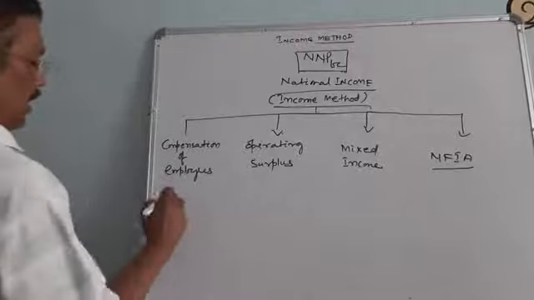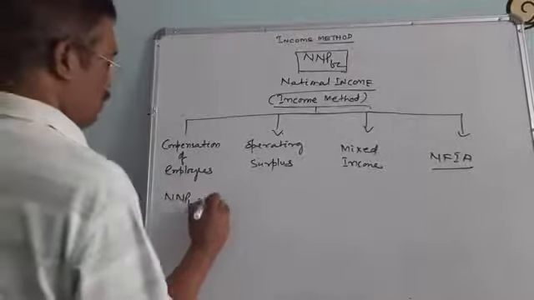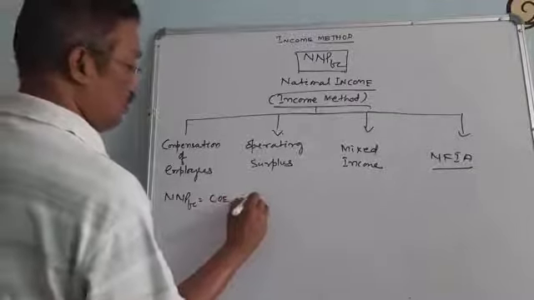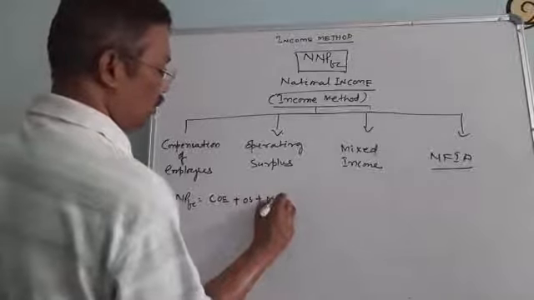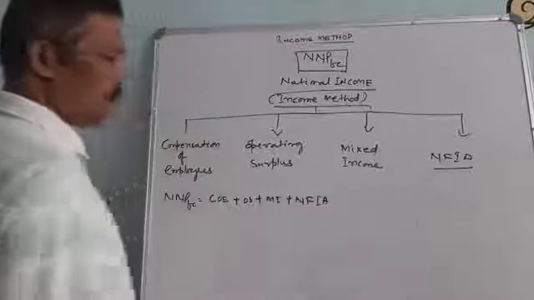So we may write here NNP at factor cost equals, shortly, compensation of employees plus operating surplus plus mixed income plus net factor income from abroad.